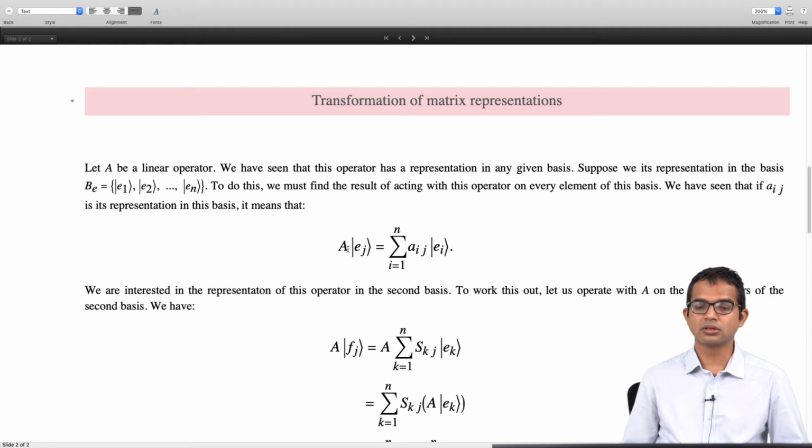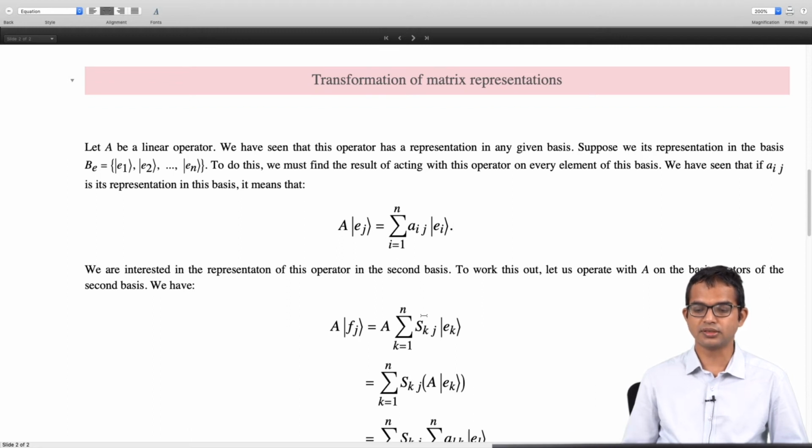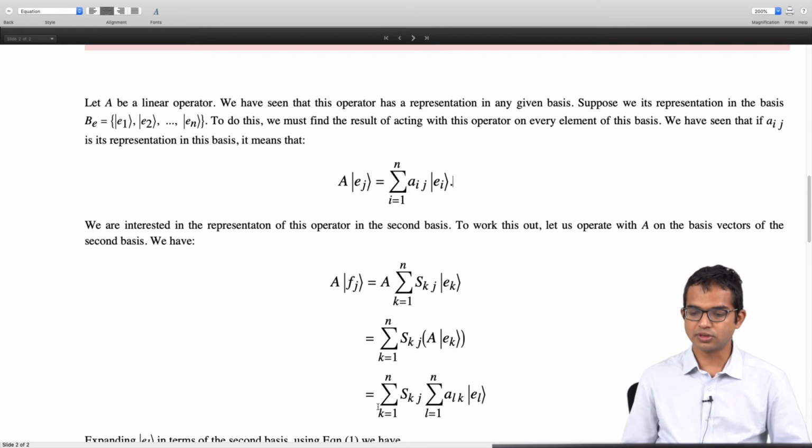Now, I know what happens to this vector Ek when A acts on it, because I have written this out in terms of the representation in the first basis. So let me fill that information in. I have summation over k of Skj, summation over l, again it's convenient to use another index other than i here, so summation over l of Alk El. I'm looking at what happens to Ek when A acts on Ek, and so I can plug this in here.